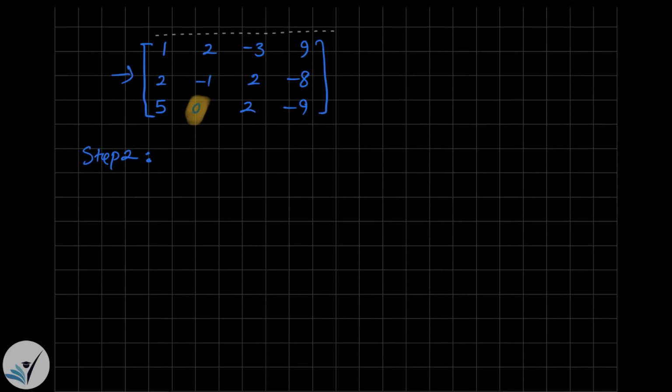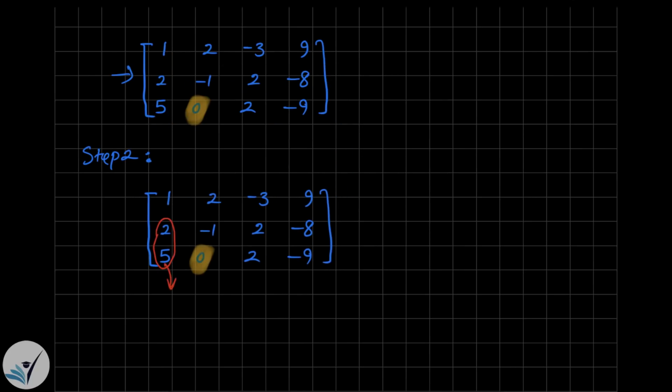I need a duplicate of this matrix. So in step 2, the goal is to transform these two entries to 0. So we're going to use R1 for that purpose. So R1 remains unchanged. R2 is replaced with R2 minus 2R1. R3 is replaced with R3 minus 5R1. Let's go ahead and apply these operations. So we have 1, 2, -3, and 9 on the first row.